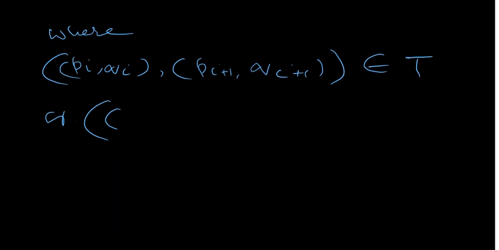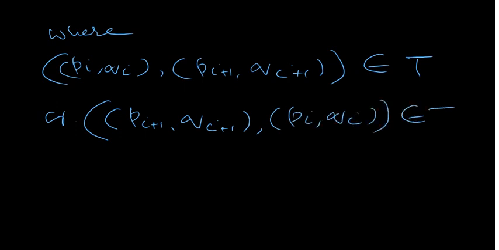In other words, the pair belongs to T inverse means that (P_{i+1}, Q_{i+1}), (P_i, Q_i) belongs to T.